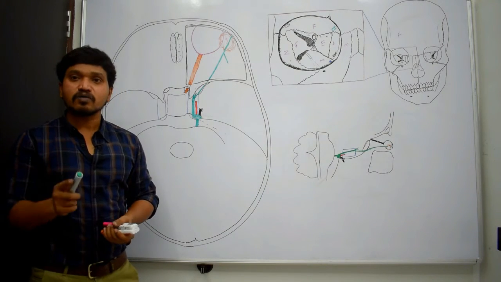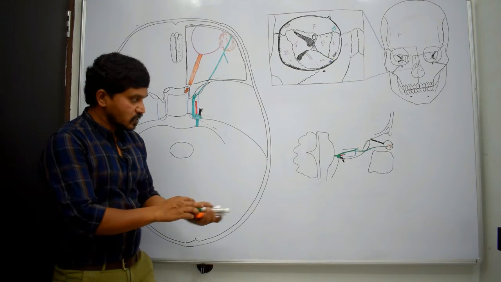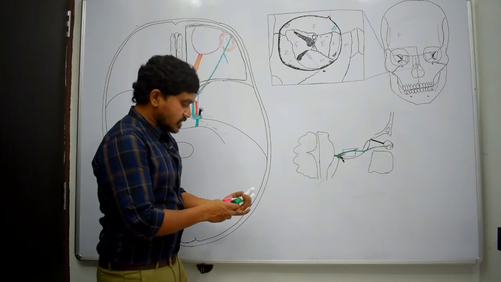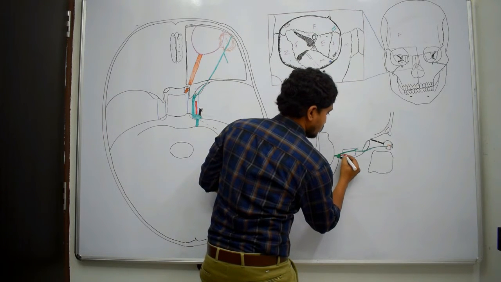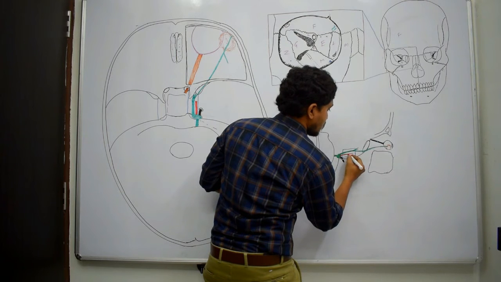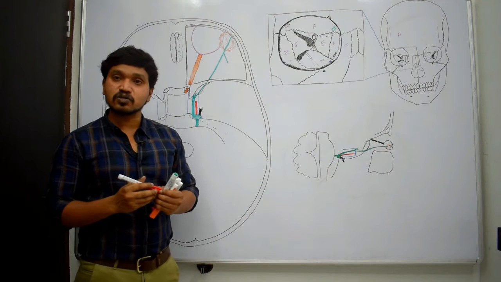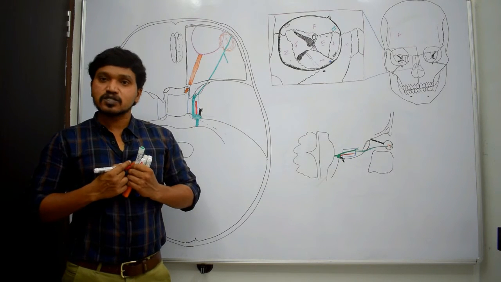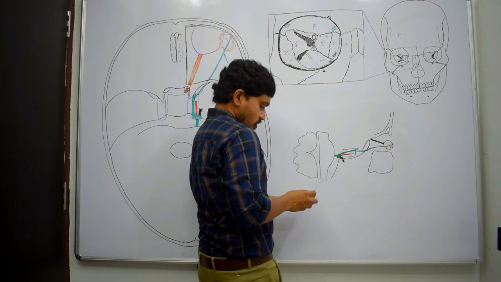Now we have to see the communicating branch from the zygomaticotemporal nerve. So now we will trace the maxillary nerve. See, this is the maxillary nerve. This maxillary nerve passes through the cavernous sinus, and after passing through it, it enters one foramen and reaches the pterygopalatine fossa. See, here there will be one fossa.